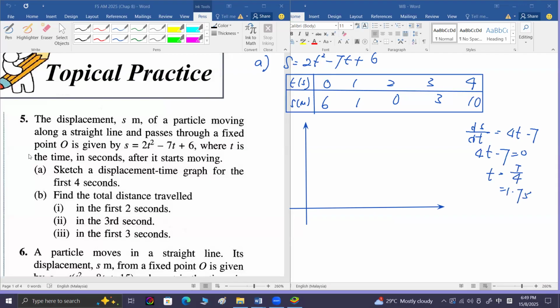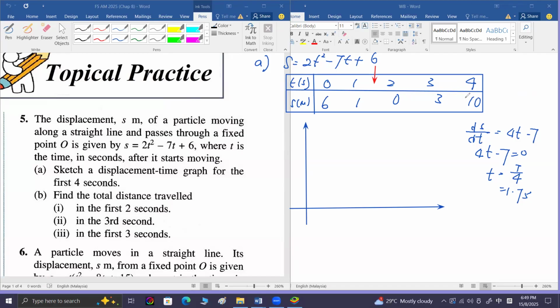Meaning that the minimum value occurs here, when t is 1.75, somewhere here. The same thing, you key in your calculator and see. T is 1.75.